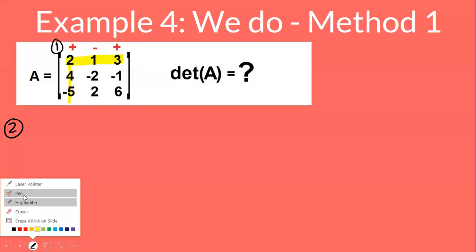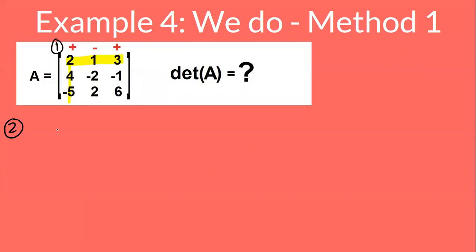So if I'm finding the determinant, I cross multiply. Do you see that? So we have -2 times 6 minus -1 times 2. And you're going to take this and multiply by the value that's there.